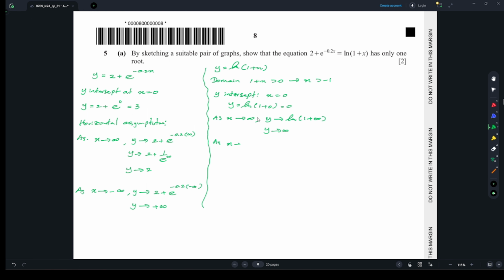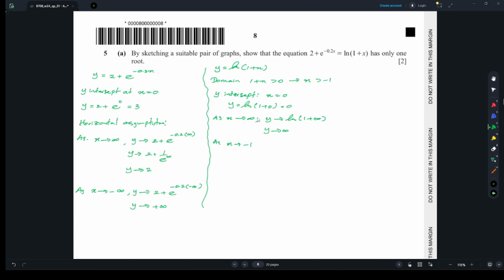And then as x goes to minus infinity, sorry, not minus infinity here. In that case, we will take x goes to -1, because when you put -1 inside, it's 0. Here we saw the domain is x greater than -1, so the graph will not go to x values which are less than -1.